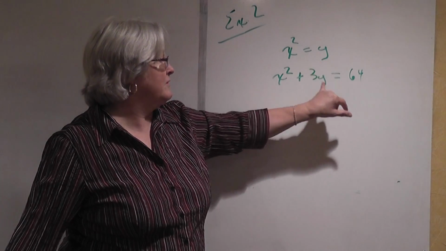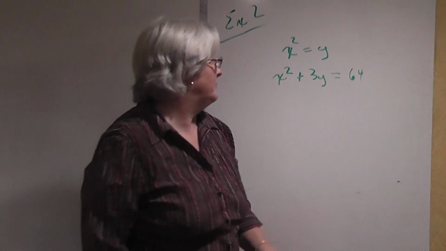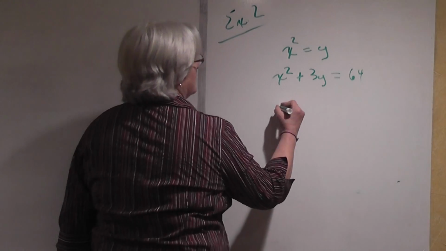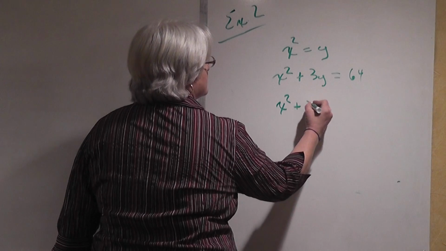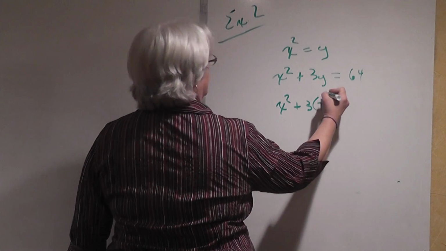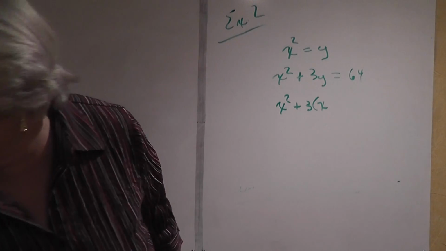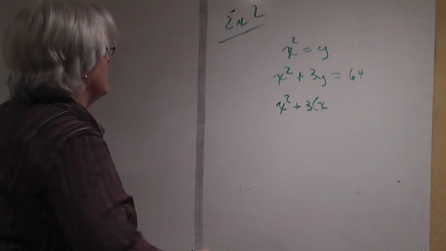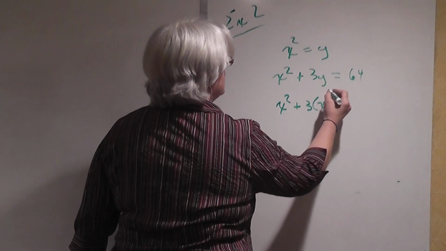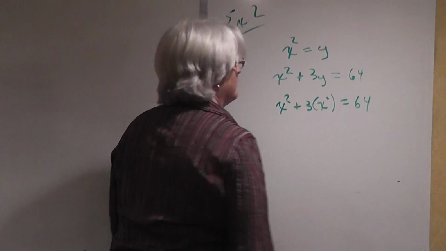We have this value of x squared that we can substitute in here. X squared plus 3y, isn't that what I said just a minute ago? X squared plus 3 times x squared is equal to 64.